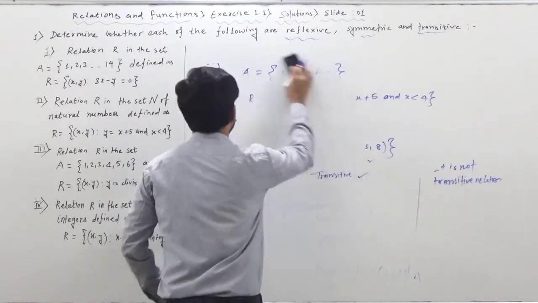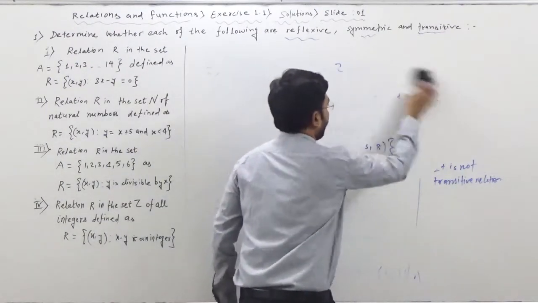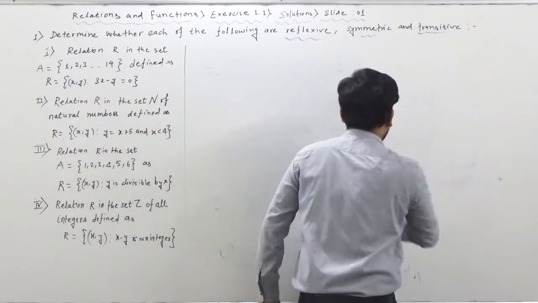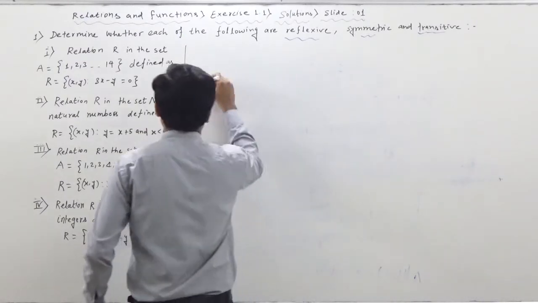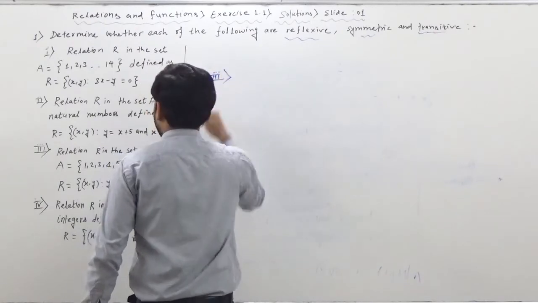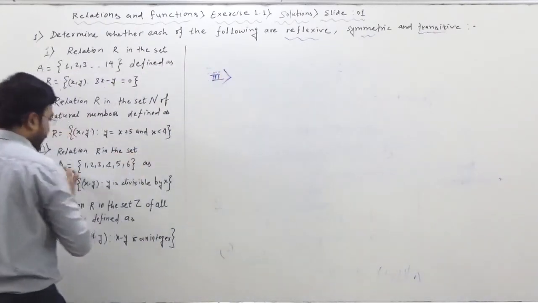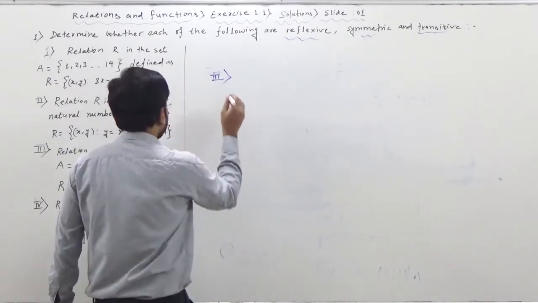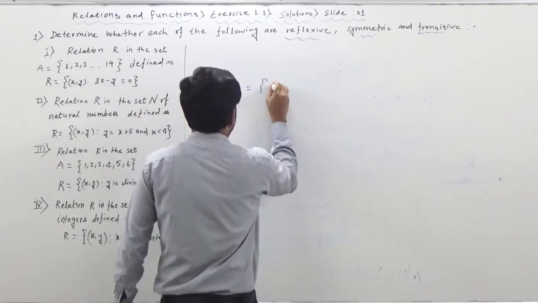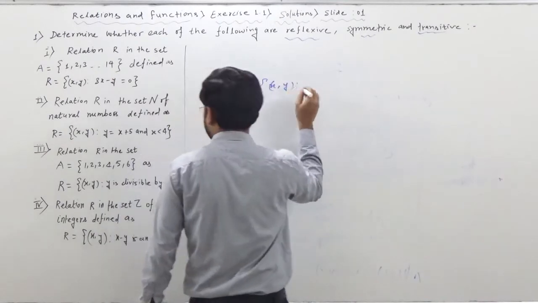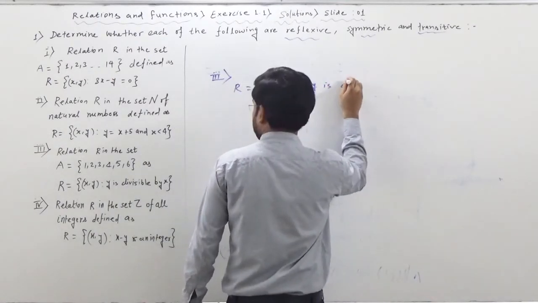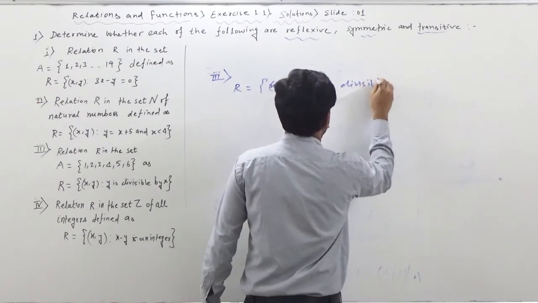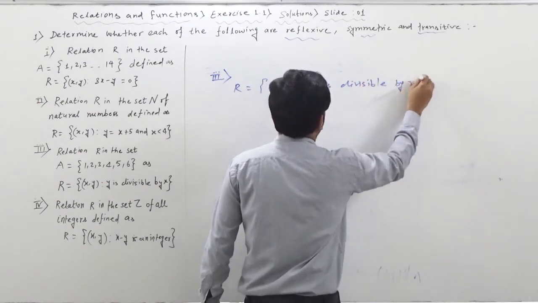Now next one is the third one. The third question says: relation R in the set A having these elements 1, 2, 3, 4, 5, 6 is R equal to the set of (x, y) such that y is divisible by x.